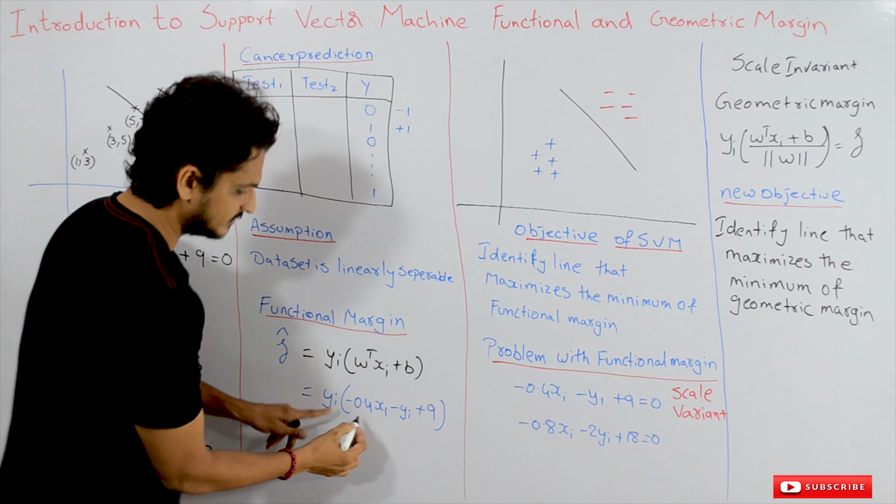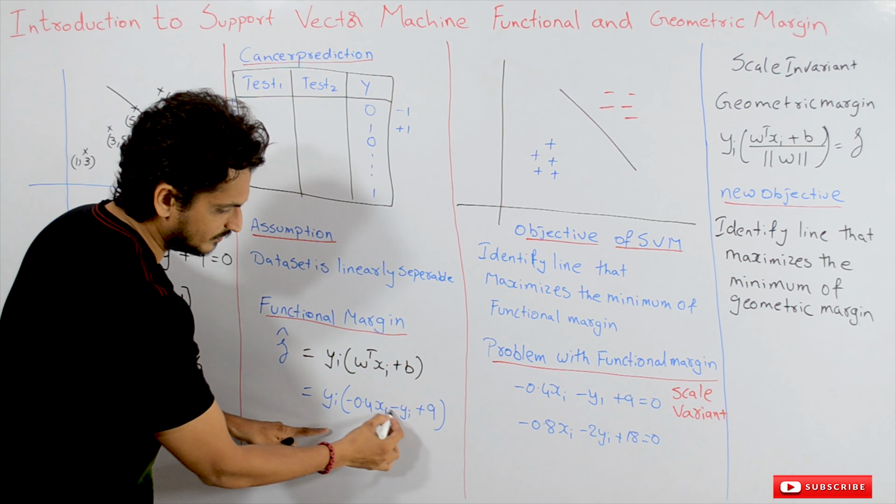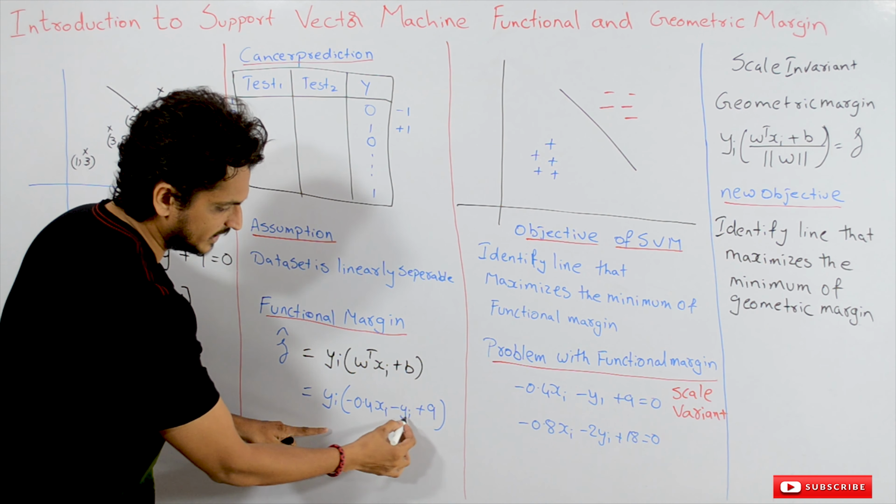The equation of the line is -0.4 T1i minus T2i plus 9 equal to 9, where T1 and T2 mean our data set columns test 1 and test 2, so T1i, T2i.